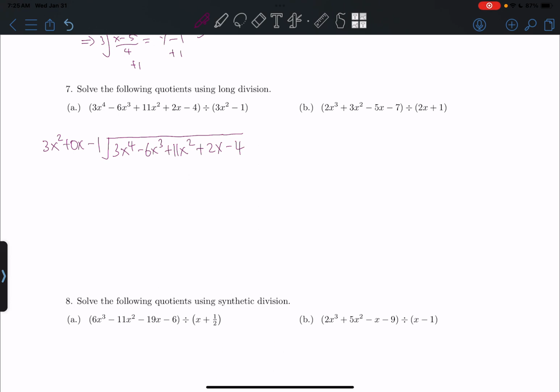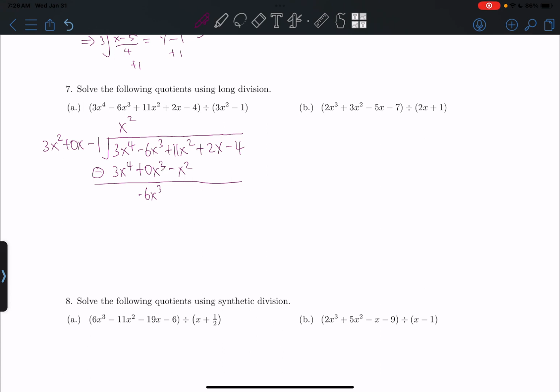correct format. So looking at the first term, I needed an x squared, so I distribute, and then I'm going to subtract the result. I get negative 6x cubed.